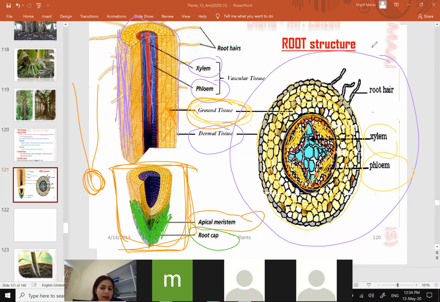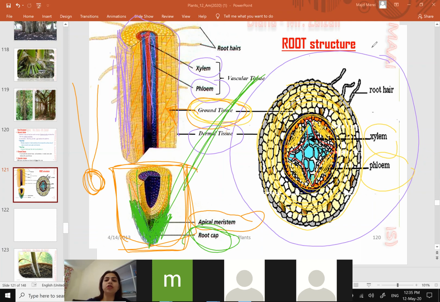Dividing of cells is taking place here. So this area should be protected, right? What is the function of the root cap? To protect the growing tip in plants. So the function of it is protection. The root cap here protects the tip of the root.